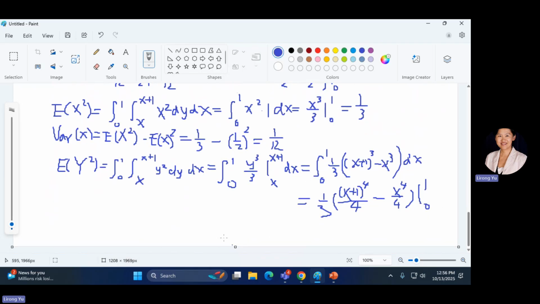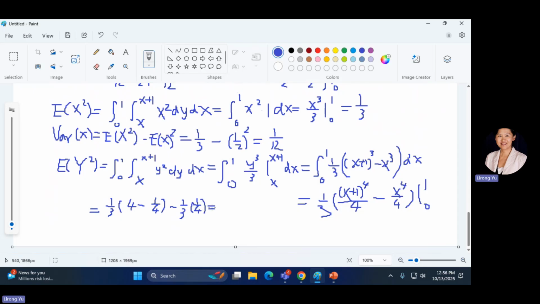We put in the 1, it will be 1/3 of 2 to the power 4, 16. 16/4 is 4. So it's 4 minus 1/4 at the upper limit. At the lower limit, putting in 0, it will be 1/4.